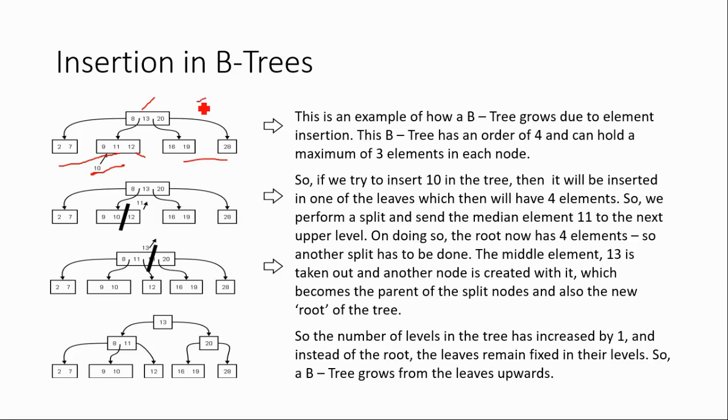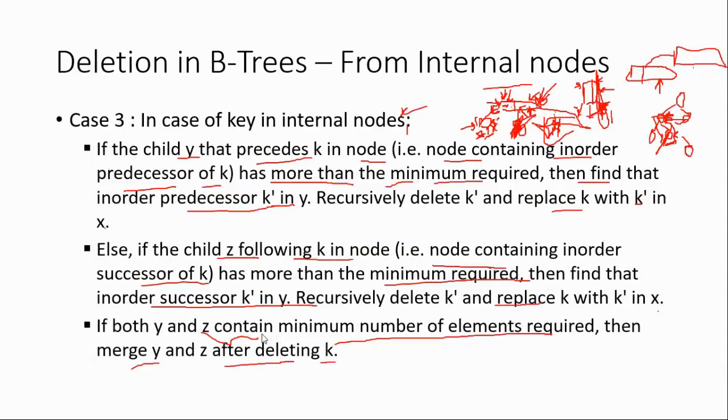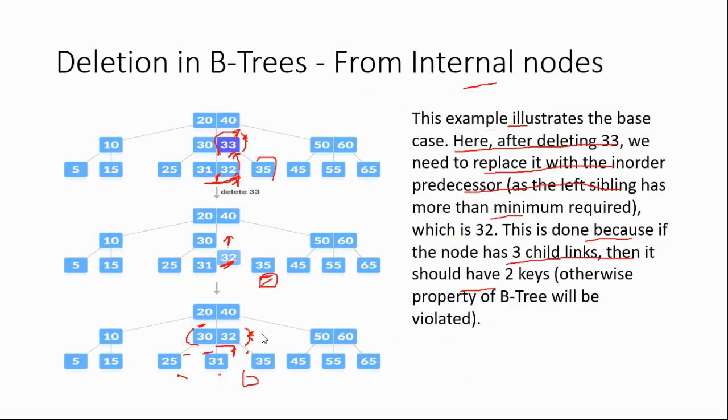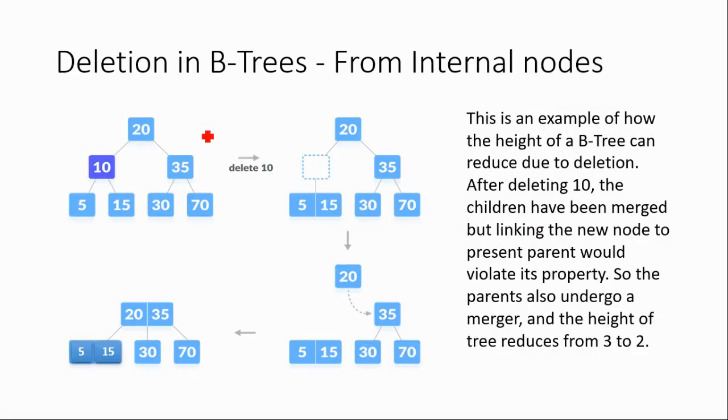The number of levels in the tree has increased; there is another level which has become the root of the tree. So a B tree grows upward, and so if insertion causes the tree to grow upward, then deletion will cause the tree to shrink downward.